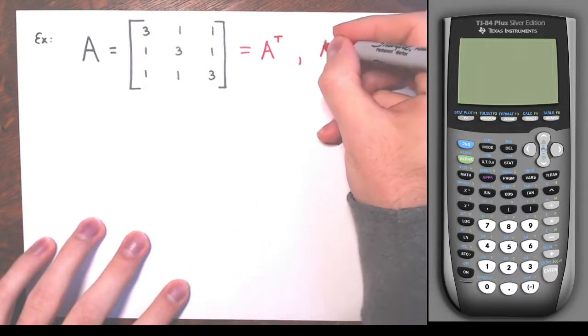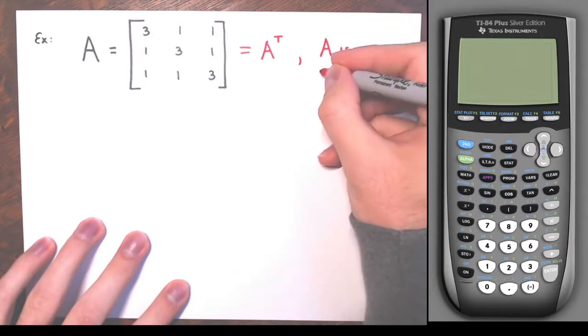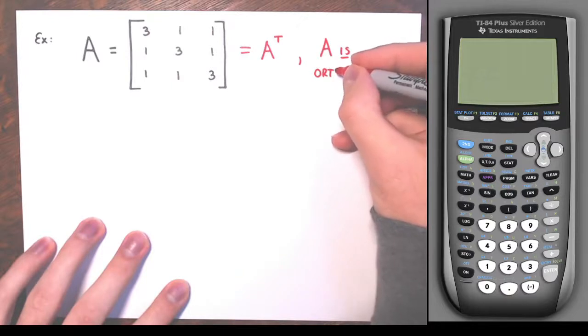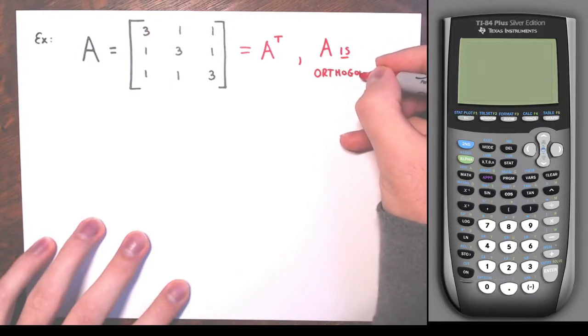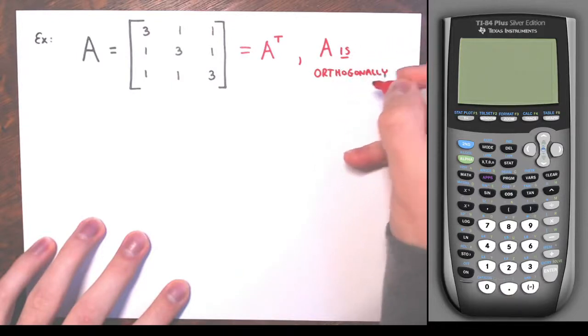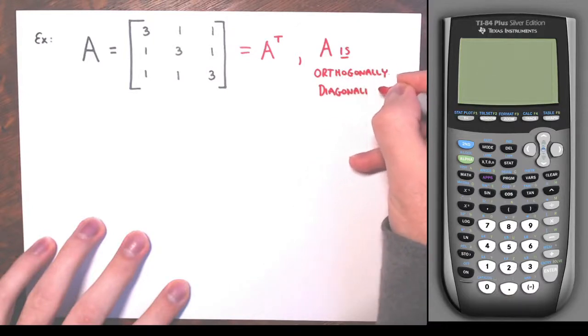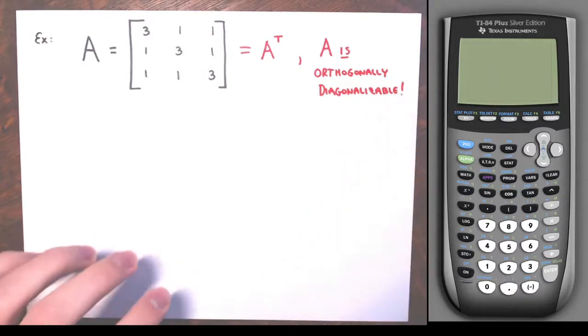So the matrix is orthogonally diagonalizable, right? It's if and only if it's symmetric. Great, so now let's do it.